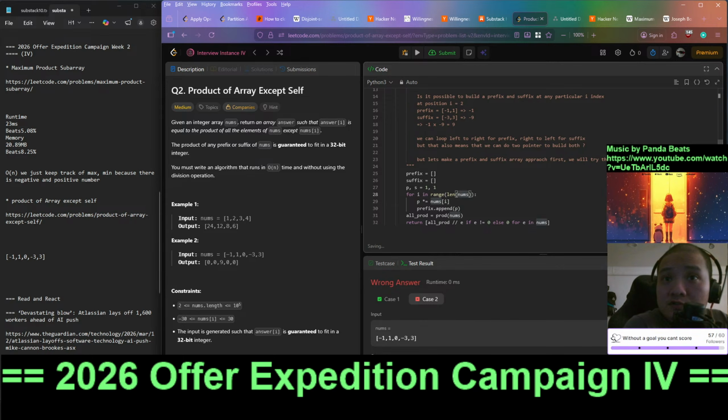So that means let's just do j equal length of nums minus 1.